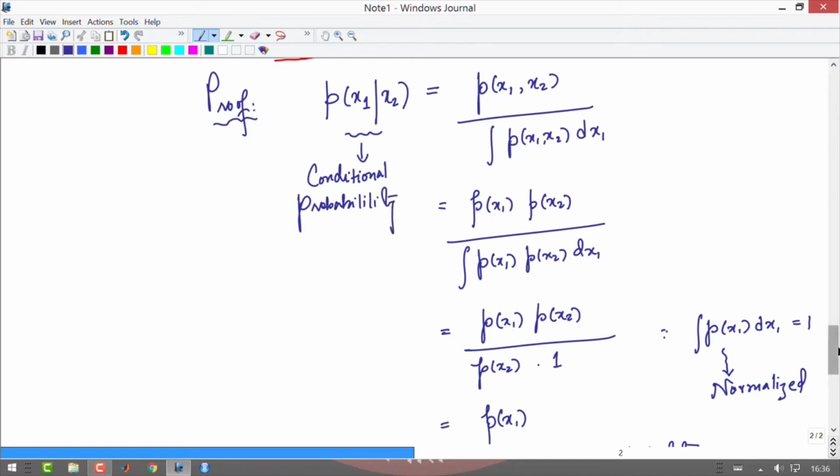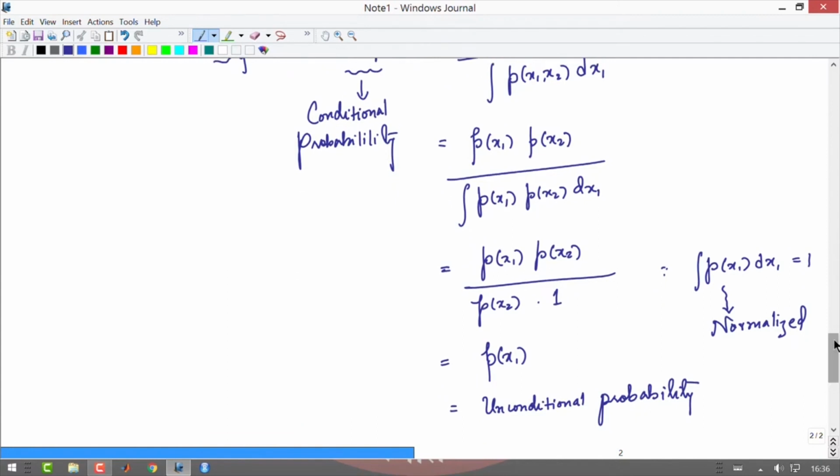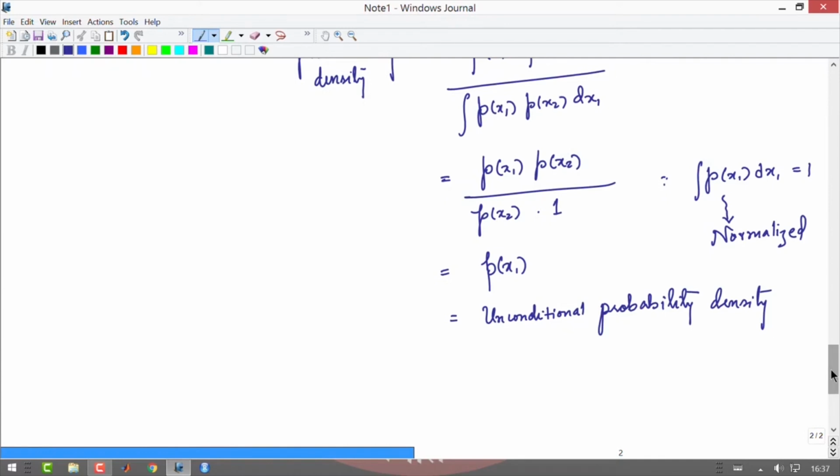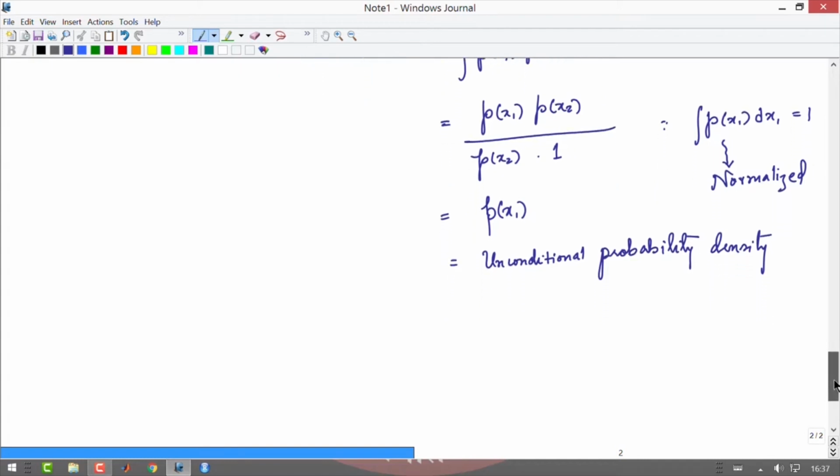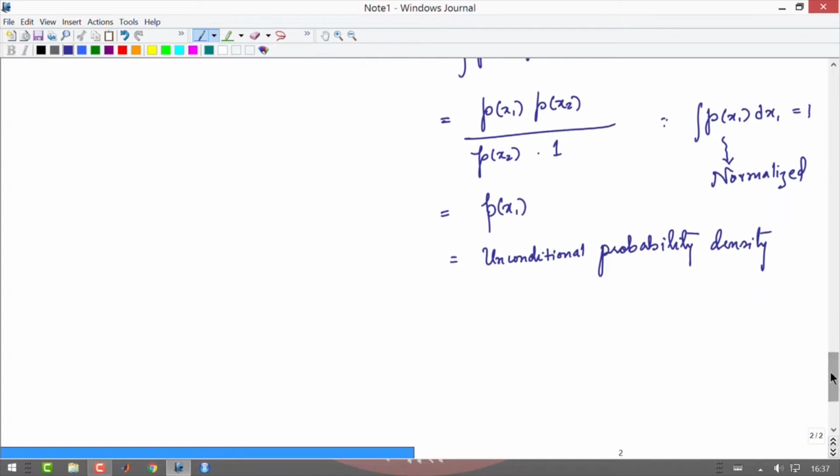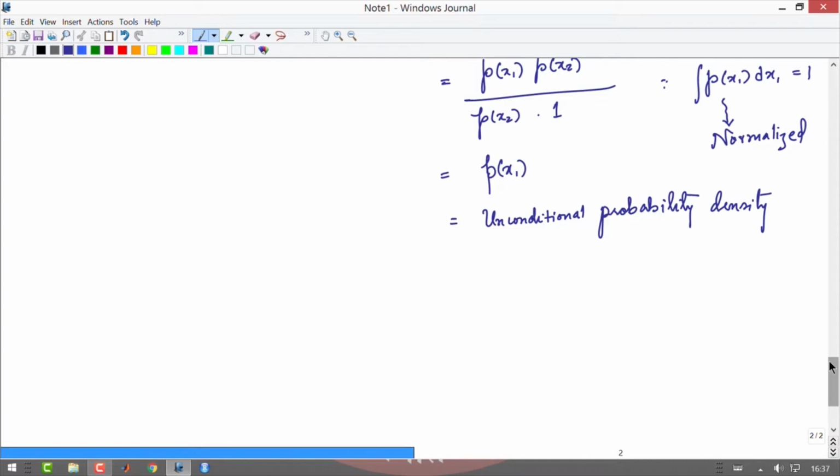So if you look at this derivation, what you have ended up proving is that if the random variables are uncorrelated, the conditional probability density becomes the same as the unconditional probability density. That's an important result which helps us to simplify problems, and we shall give some problems in the upcoming assignment set, and that will test your understanding of these probability concepts.